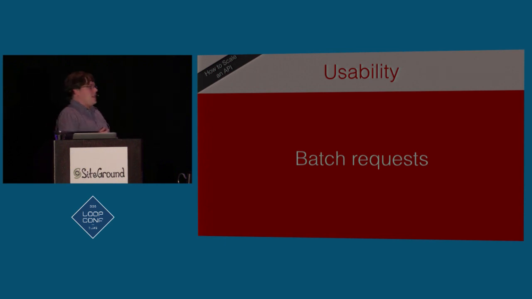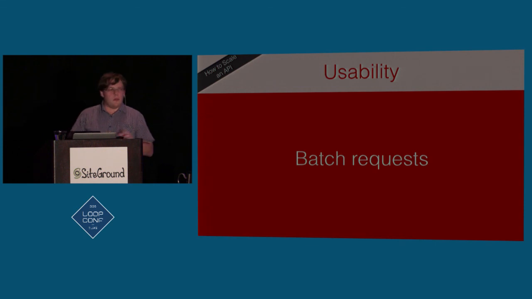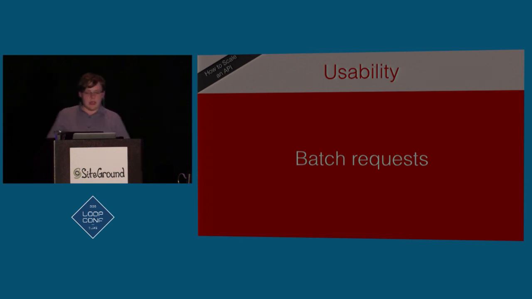And so batch requests were another thing that was asked for quite a bit in version 1 of the API. Batch requests are essentially trying to do multiple requests in a single call across the network. So we haven't added batch requests in, but what we have done is something similar, which is called embedding.